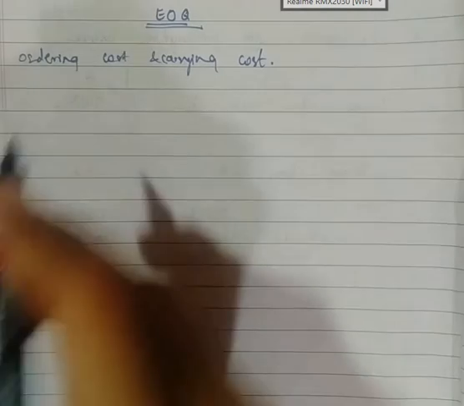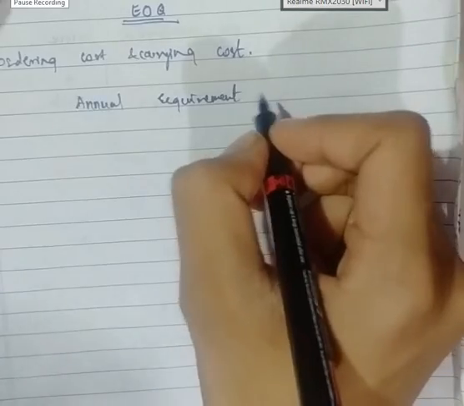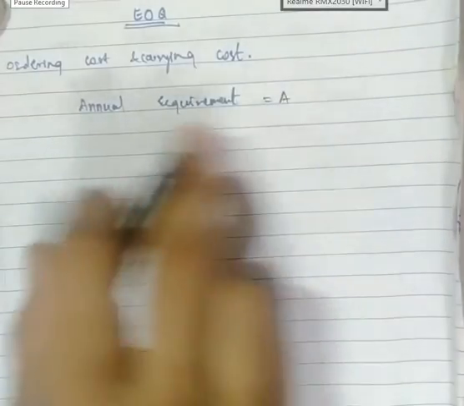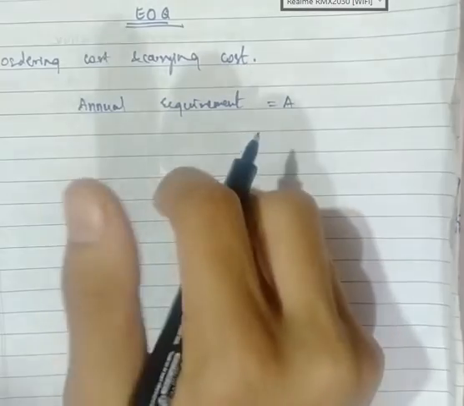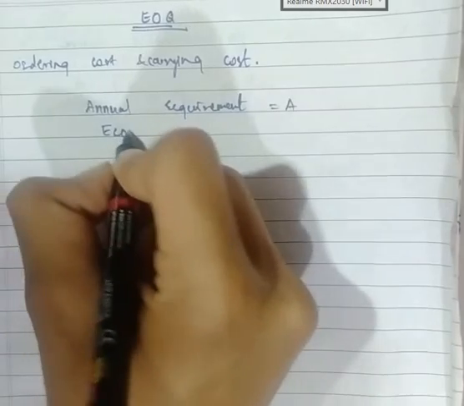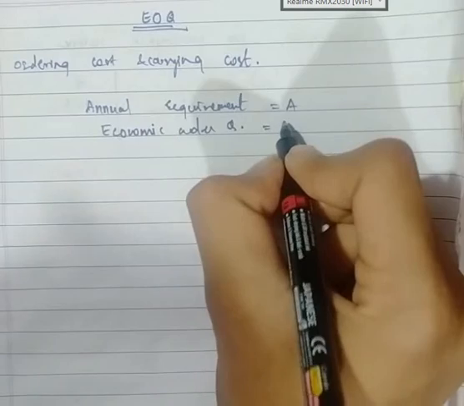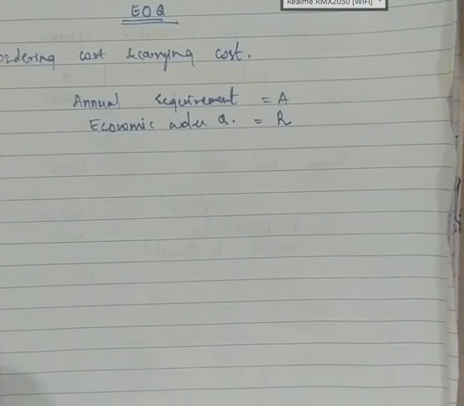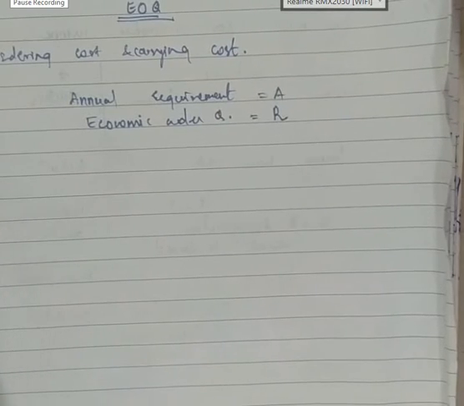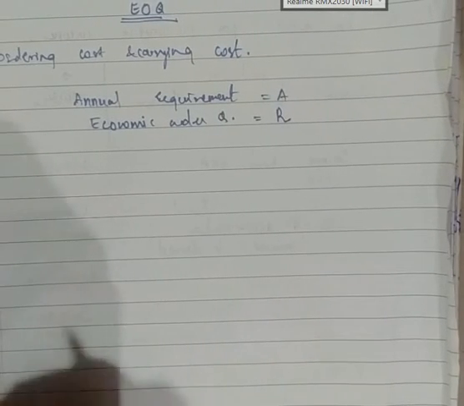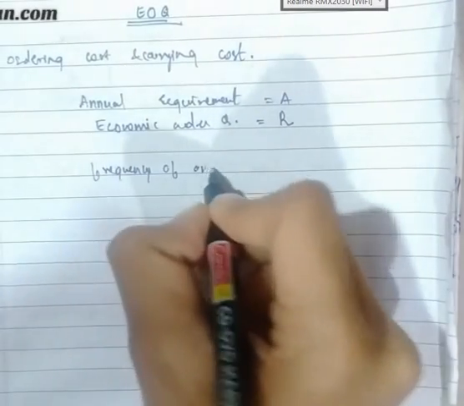So I will say let our annual requirement be A, and economic order quantity be R. So our frequency of order, the number of times we will order, what will it be?